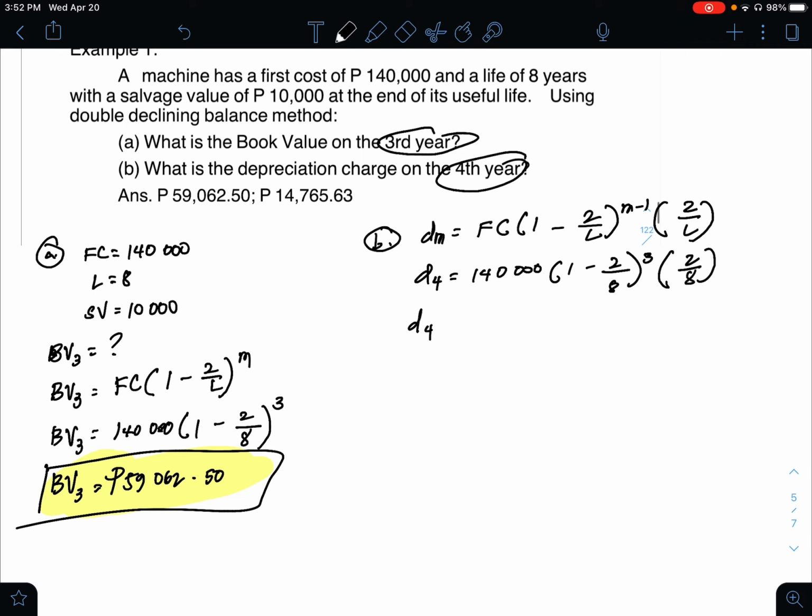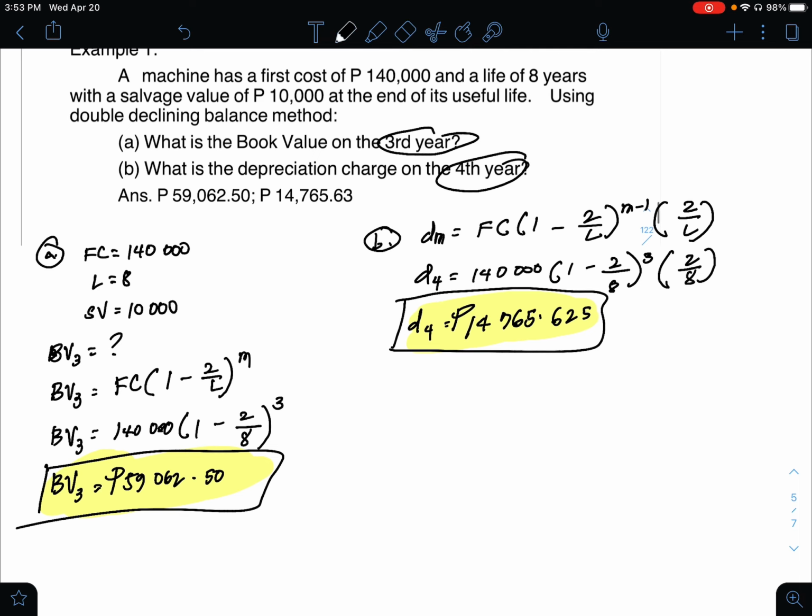And the depreciation at the fourth year is 14,765.625 pesos. For letter C, it was not solved.